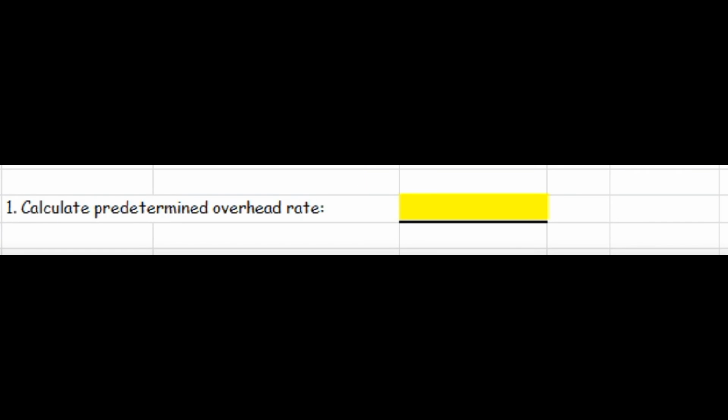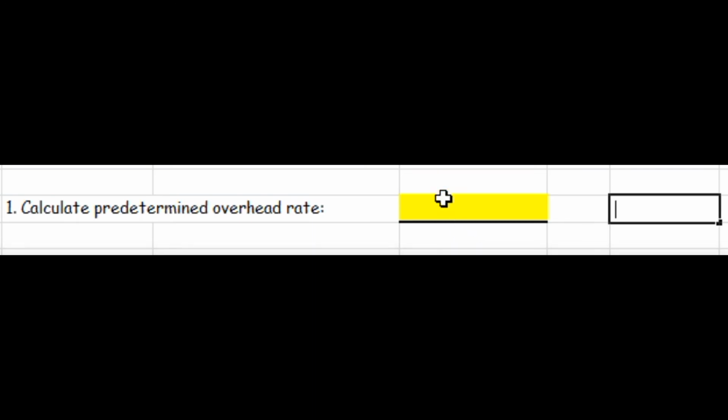Okay, so the first requirement of our problem to solve for homework was calculate the predetermined overhead rate. Well, we remember that we cannot identify all costs associated with a product or service immediately or in real time. So we make an estimate, and that estimate is based on, for this case, the direct labor cost.